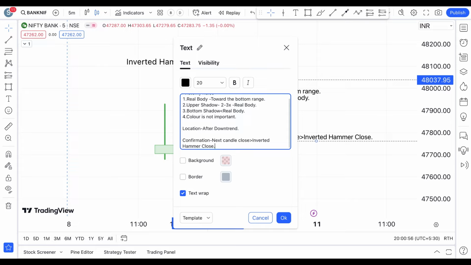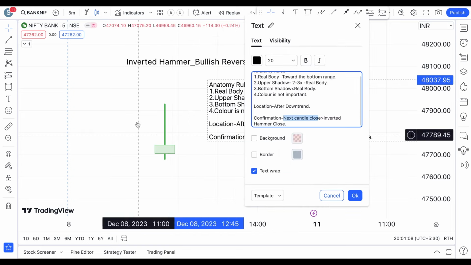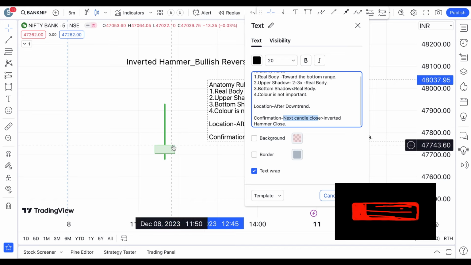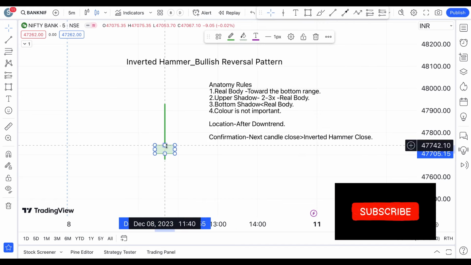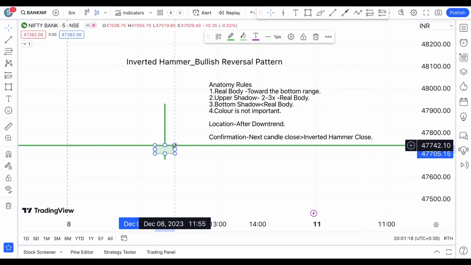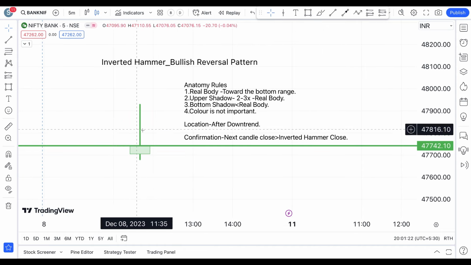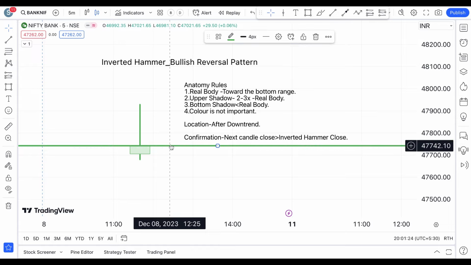We can enter this position only after seeing this confirmation. In this case, this is the close of your inverted hammer, and you need to see the next candle close above this. Only then is this a valid reversal signal.